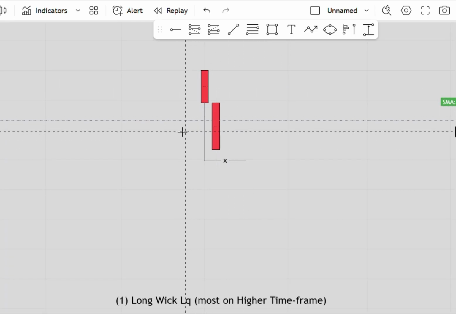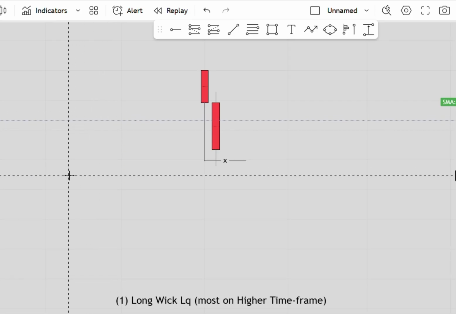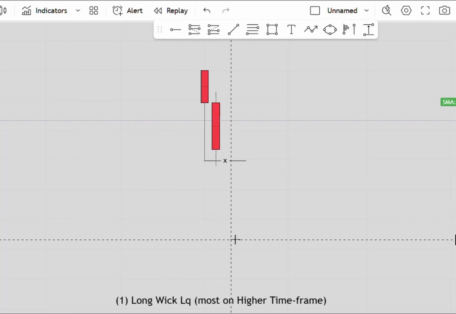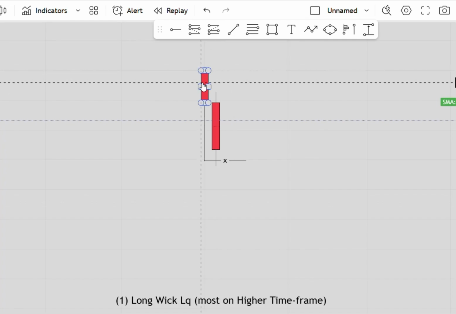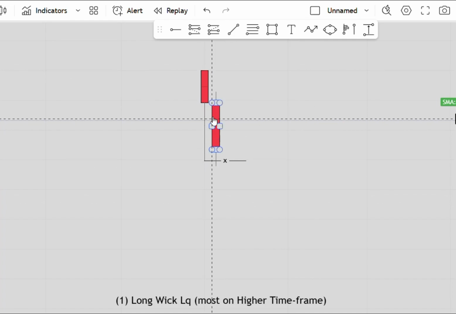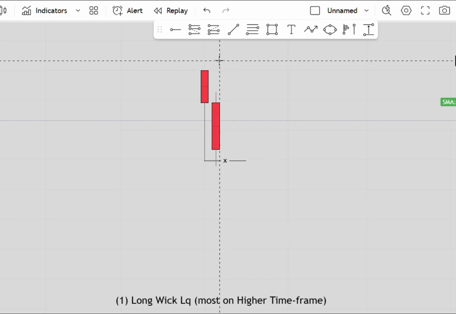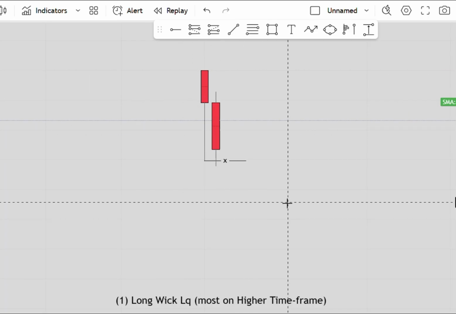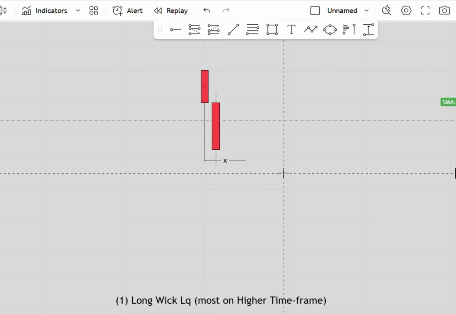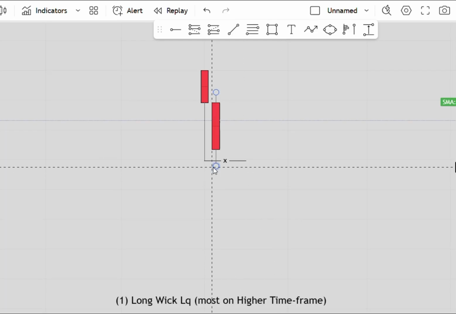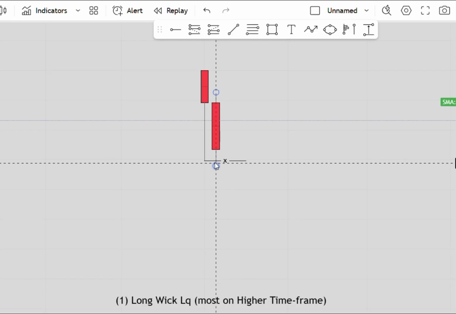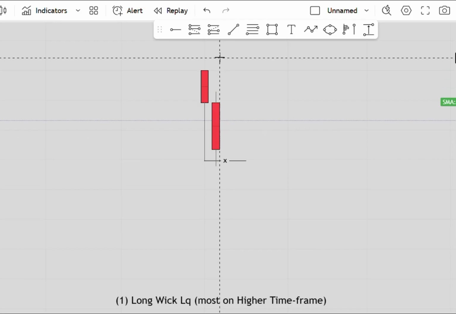So if I open my higher time frames, let's say the 4 hour time frame, and I see an imbalance like this, which I also consider a liquidity at the tip of the low or the high, regardless of the case it might appear, I'll wait for the market to sweep out this liquidity point before attempting a buy.